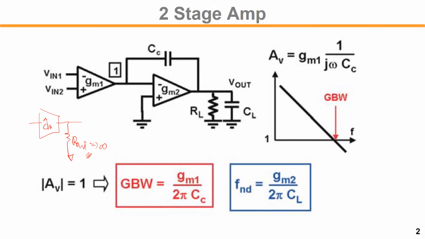The DC gain is infinity, right? GM times R out is infinity. Based on that, each amplifier stage can be modeled as a GM stage, like this. Now, since at DC we assume that there is ideal gain, we can find some approximation at midband.